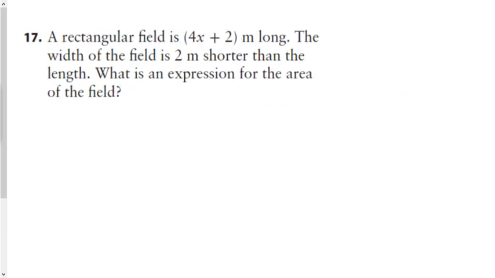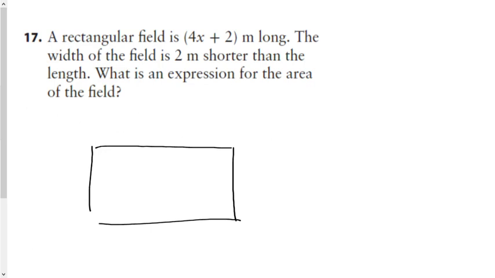And our last question says a rectangular field is 4x plus 2 meters long. The width of the field is 2 meters shorter than the length. So let's draw this again. The rectangular field is 4x plus 2 meters long. The width of the field is 2 meters shorter than the length.